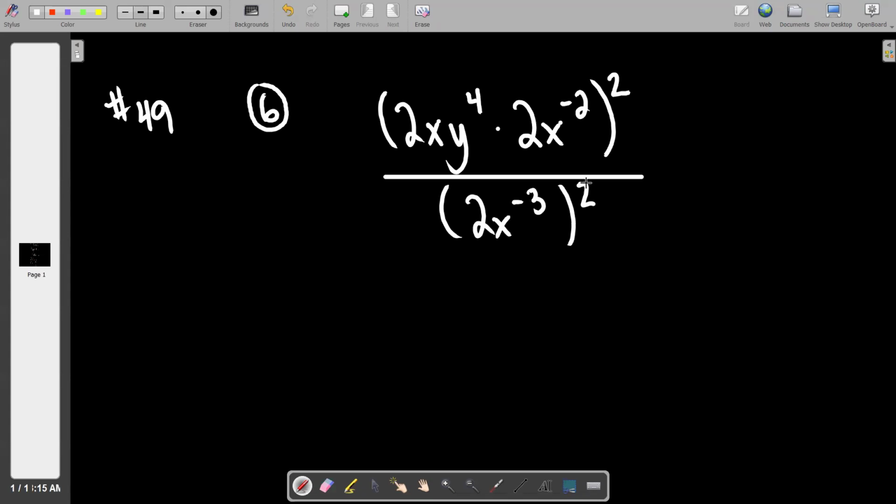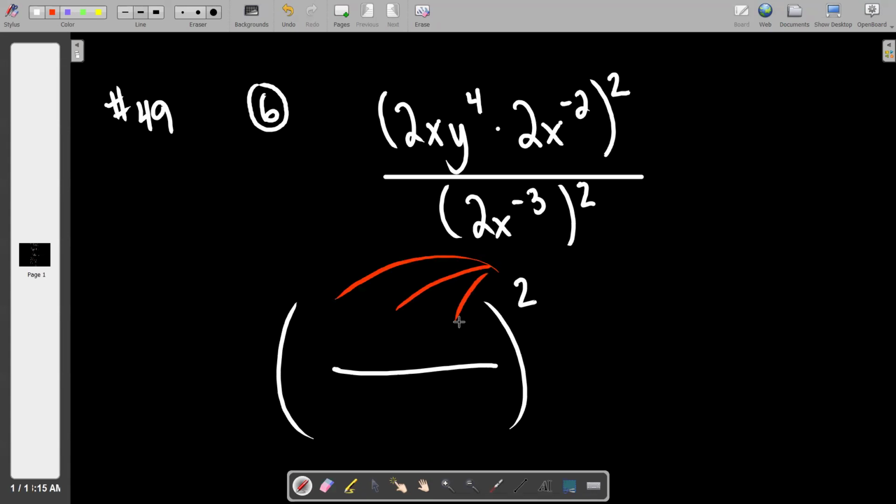What I'm trying to say is that when you have a big fraction with a power of 2 outside, the power of 2 distributes to the top, but it also distributes to the bottom. Does that make sense? So that's what this winds up looking like.